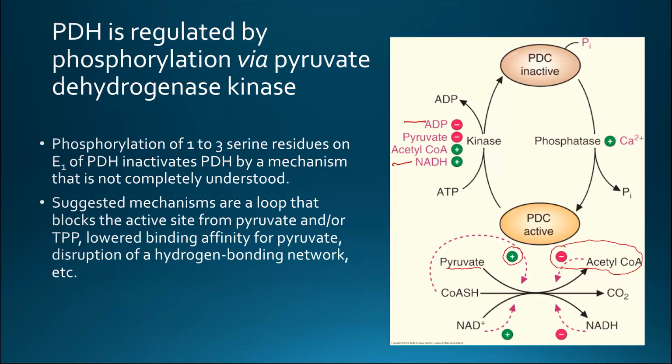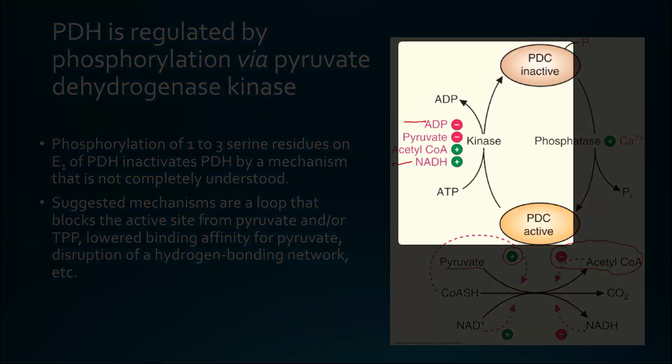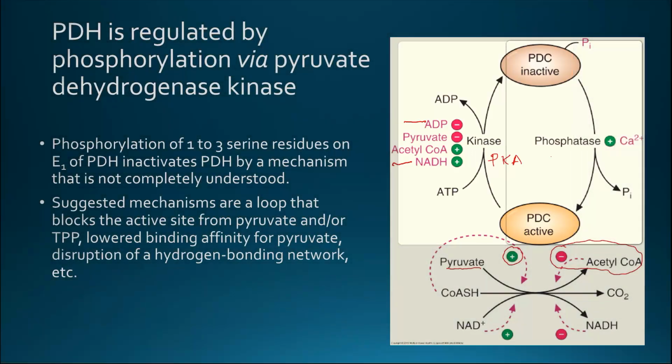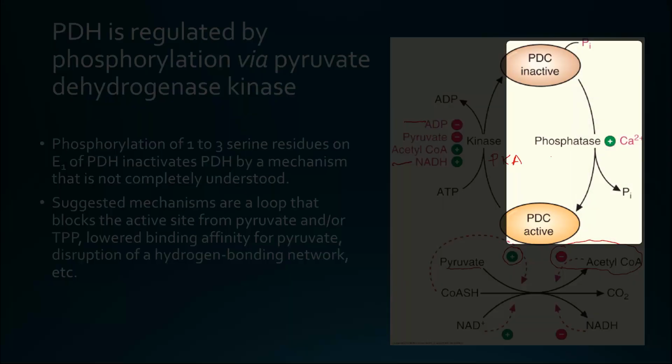So there is a kinase and a phosphatase. This could, for example, be protein kinase A, the same kinase that we saw being utilized in glycogen metabolism. And this could, for example, be protein phosphatase 1, again, that same phosphatase that we saw in glycogen metabolism.